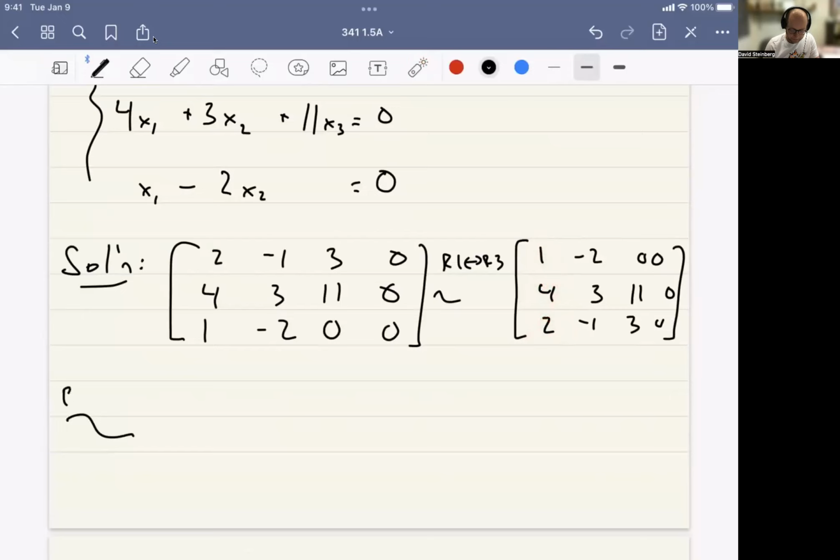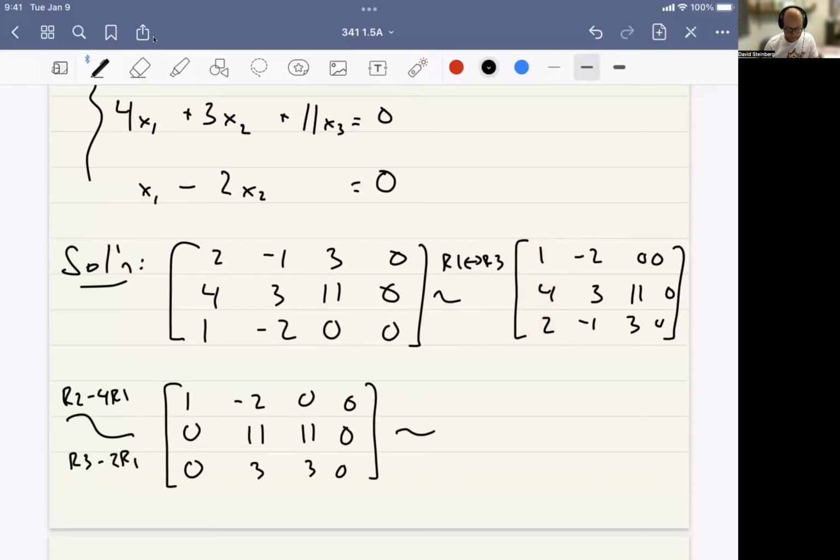We'll do row 2 minus 4 row 1, and row 3 minus 2 row 1. It's going to give us 1, -2, 0, 0; then 0, 11, 11, 0; and then 0, 3, 3, 0.